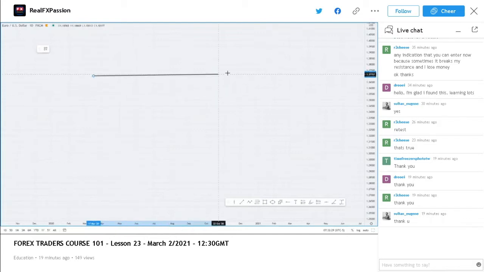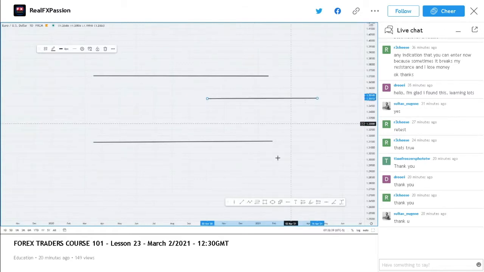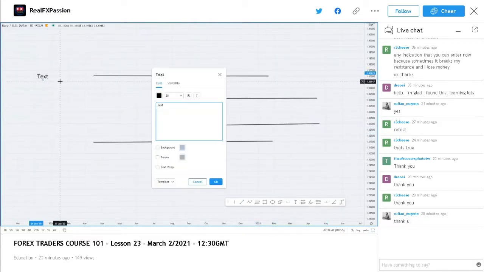Most of the pairs that are sideways or consolidation, everybody, you are going to see something like this, and you are going to see also something like this. So some pairs are consolidating.